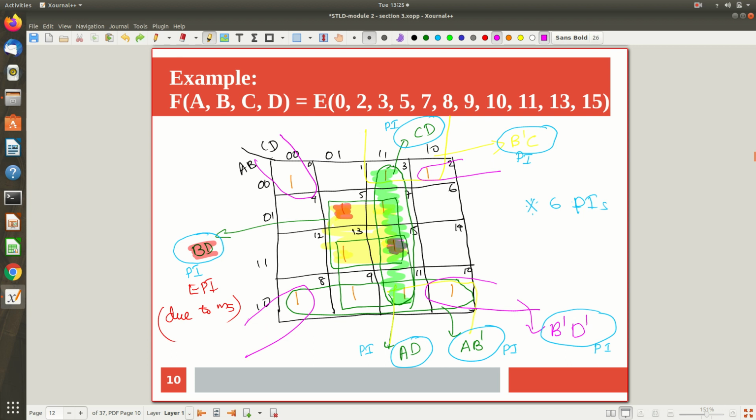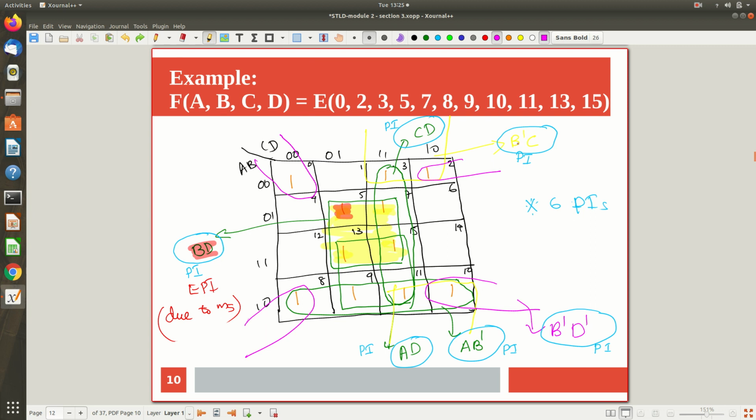Now if I am looking at this one, again it is part of many groupings, this grouping as well as this grouping. So it is part of two different groupings. Hope it is clear. So that is also not essential. So I'm removing it. So this is not essential. That is my conclusion.